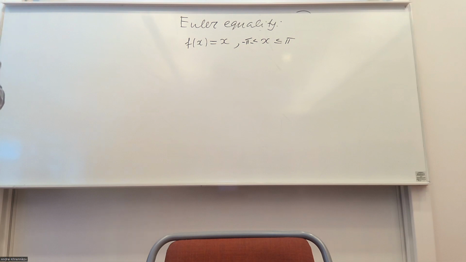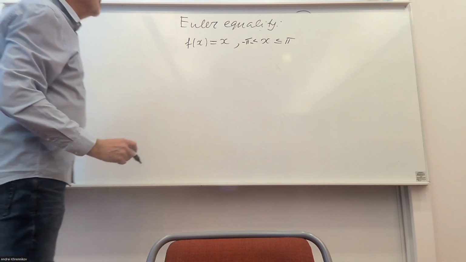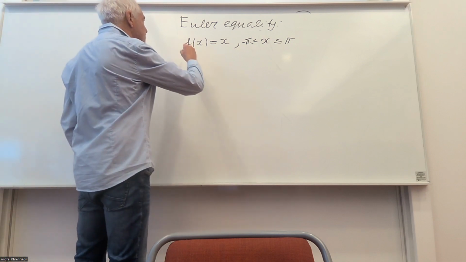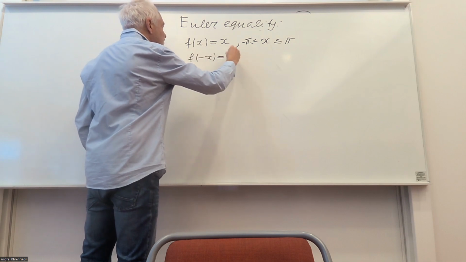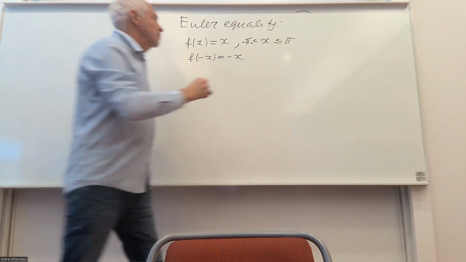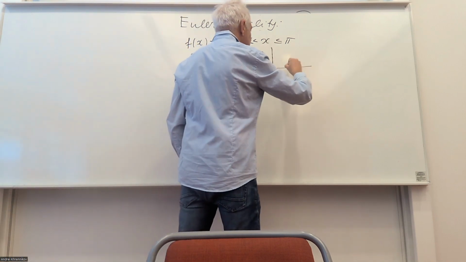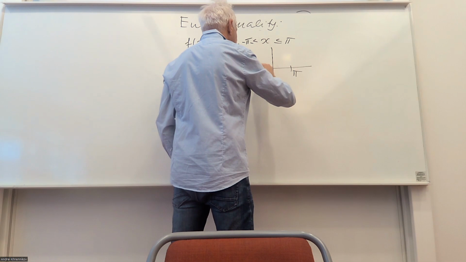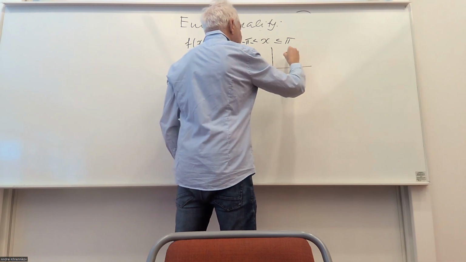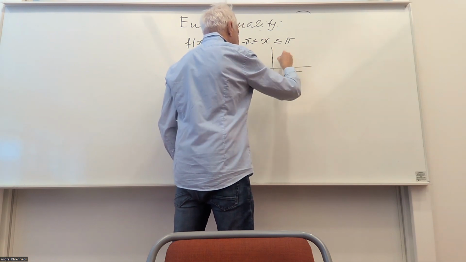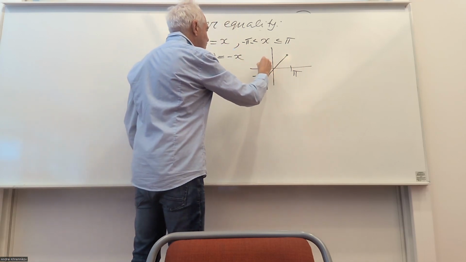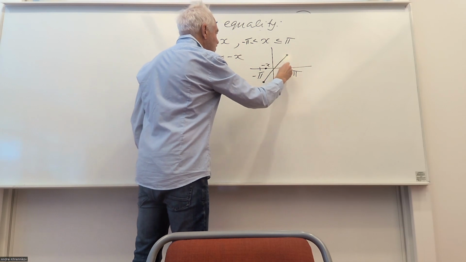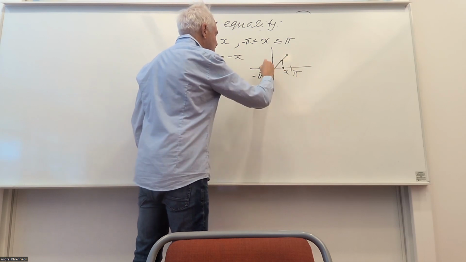This is a very good place to discuss, before making calculations, one property. For example, this function x has such a property: f(-x) equals minus f(x). So in the graph of this function, on the segment minus pi to pi, if you go to the point minus x and the point x, the signs are different.